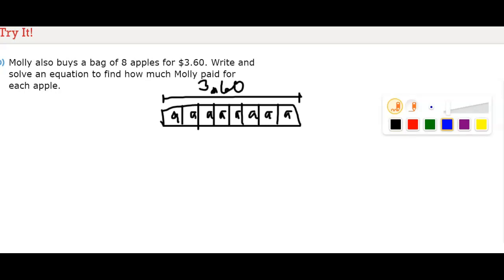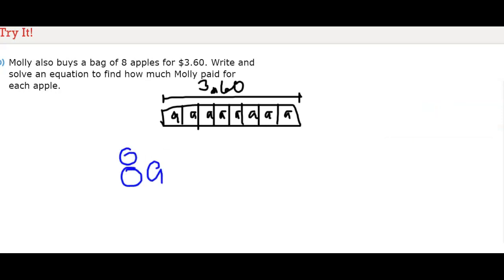We know that for each apple, they had to be the same amount. So we would have to take the 8 apples and multiply it by the cost of each apple, and that should equal $3.60.